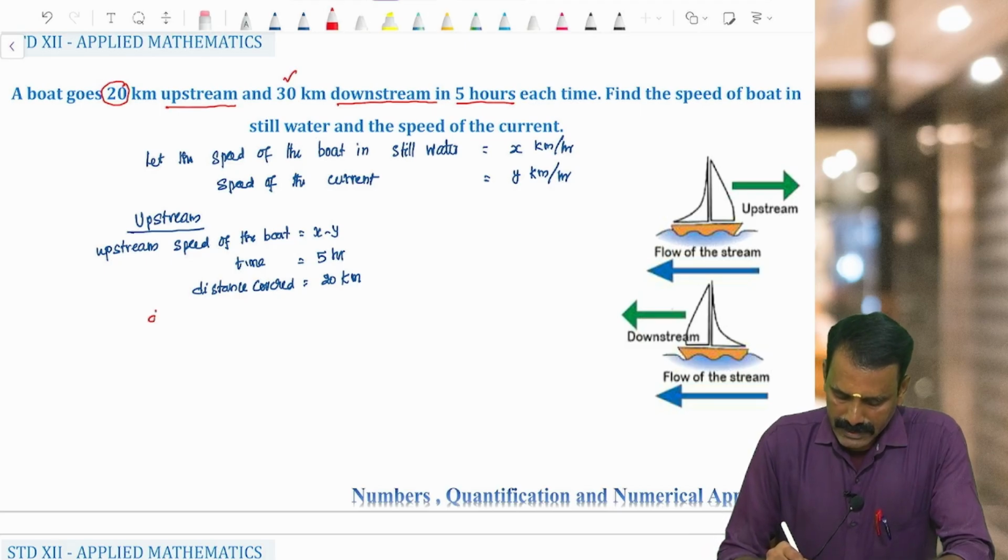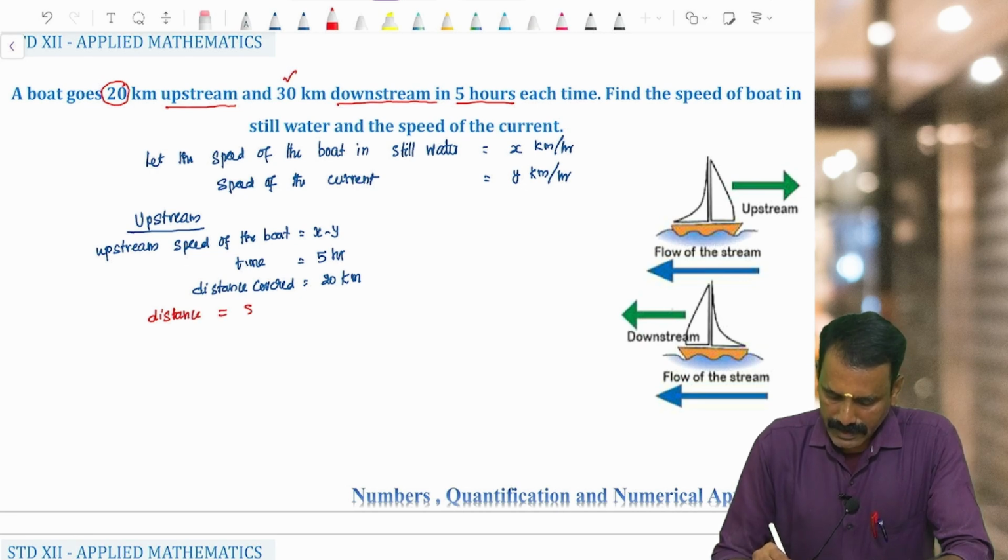Now distance is given by the formula speed into time. So we get 20 is equal to x minus y into 5. So we have an equation now: 5x minus 5y equal to 20.